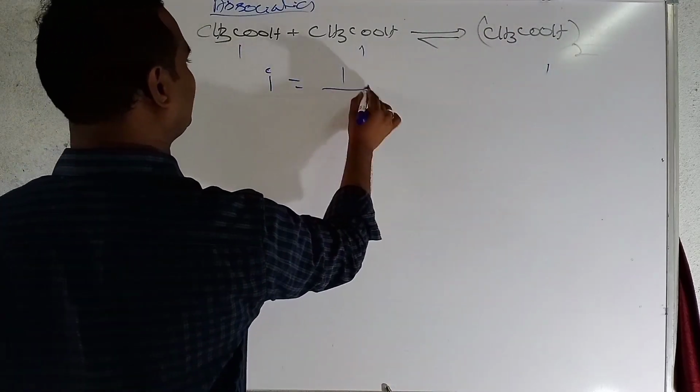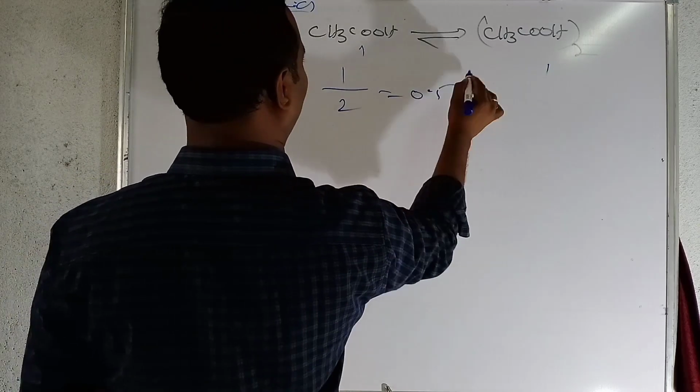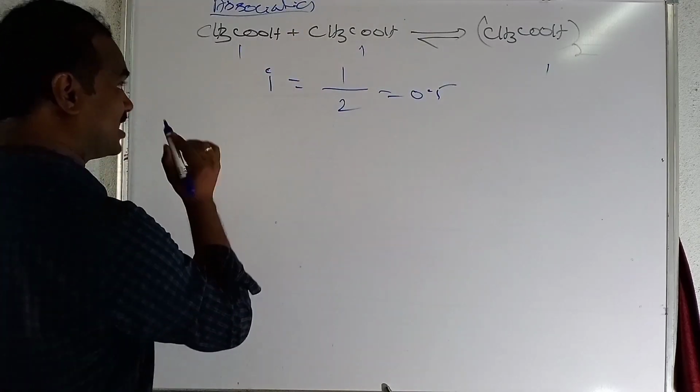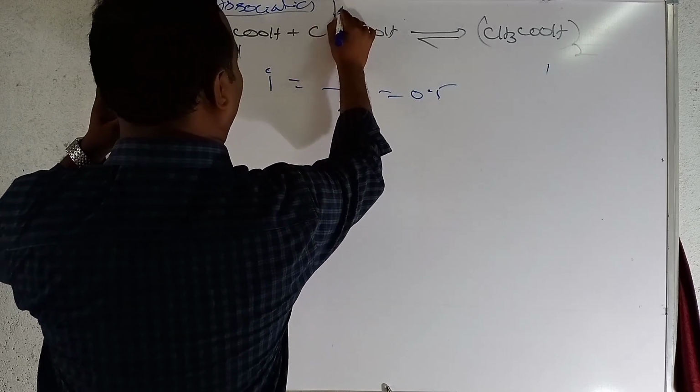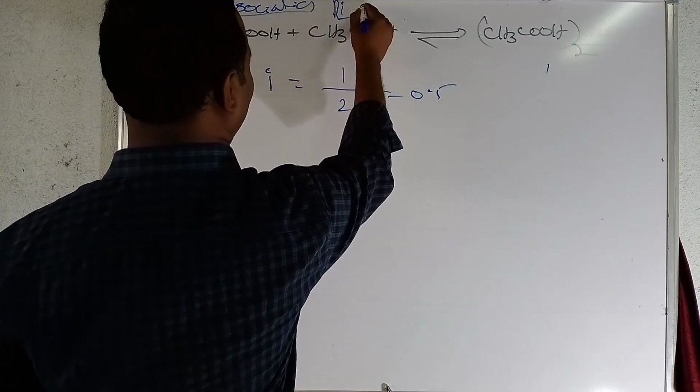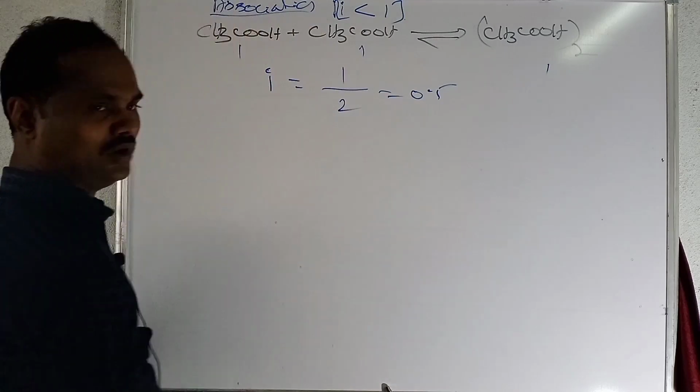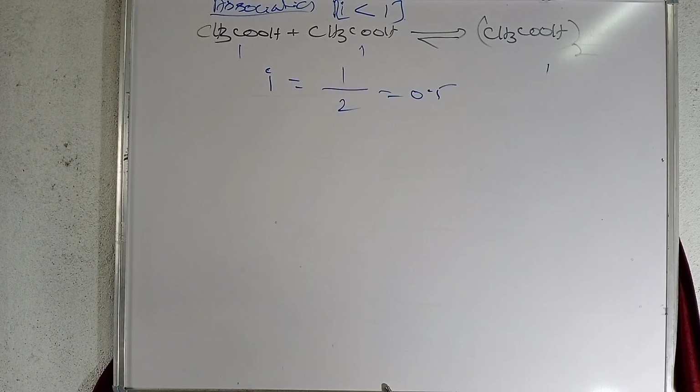Before association, 1 plus 1, 2. So i is 0.5. In the association case, the van't Hoff factor i should be less than 1. I value less than 1 means it is an association case, and greater than 1 means it is a dissociation case. Is it clear?